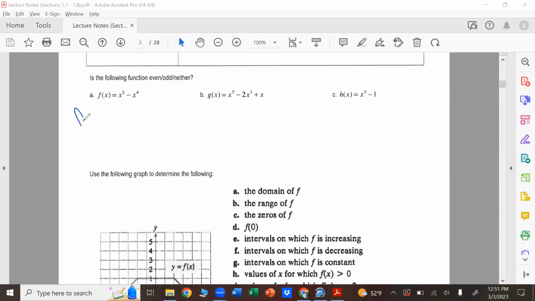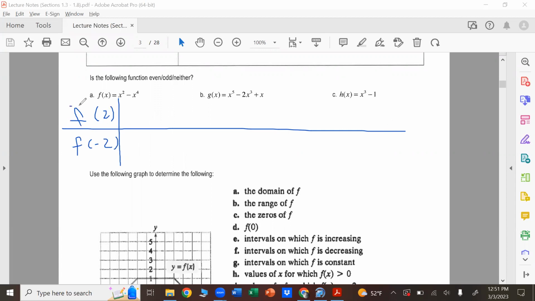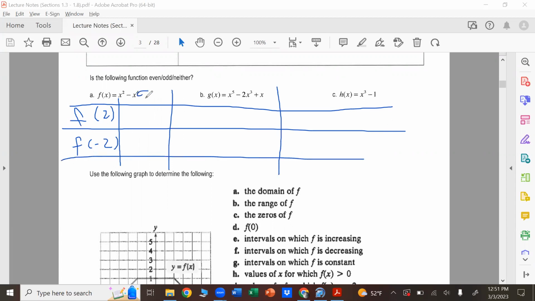Let's plug in f of 2 and f of negative 2. So this is part A, part B, and part C. Let's plug in 2 and negative 2 and see what happens.